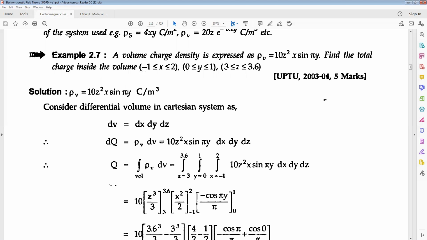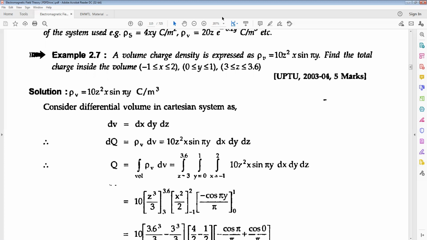The variable x varies from -1 to 2, y is from 0 to 1, and z is from 3 to 3.6. And rho v is given as 10z square x sine pi y, in coulomb per meter cube. Rho v means coulomb per meter cube, rho s is coulomb per meter square, and rho L is coulomb per meter.